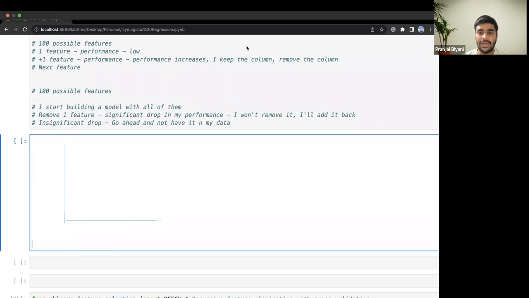Suppose there is a variable that has effect like this. Something like this, है ना?